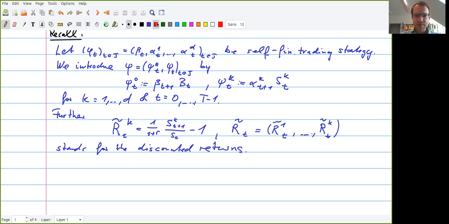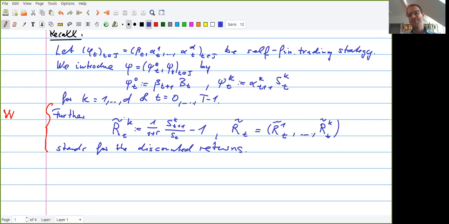All right, and this is what I mean here. So this is a warning, because here I made a slightly inconvenient notation. It was not wrong what I did last time, because it was the definition, but to be consistent with what I have defined already in the binomial model. Last lecture I defined this R without the tilde, but since we always use the tilde for discounted quantities, and this is a discounted quantity, let me add here the tilde.